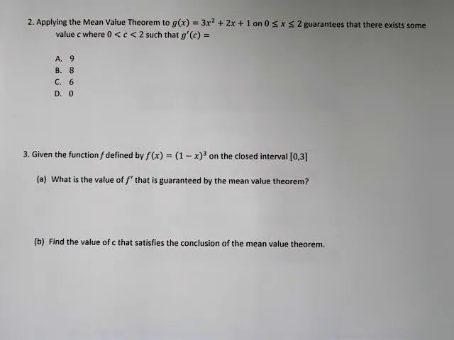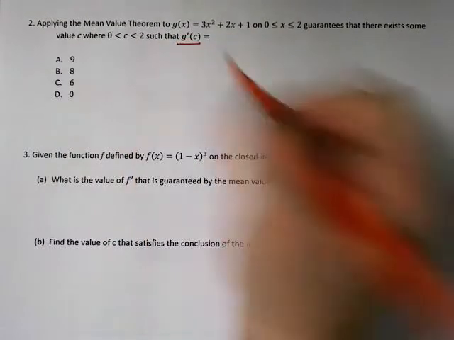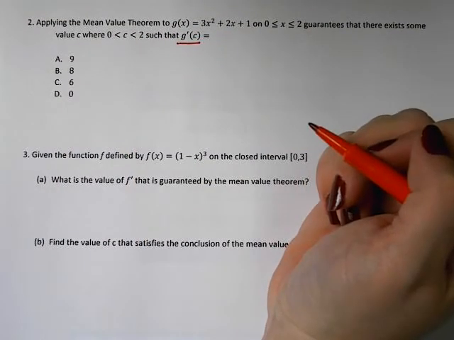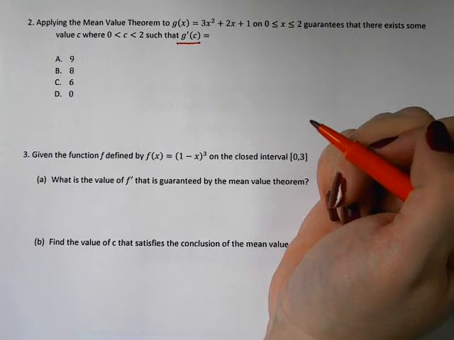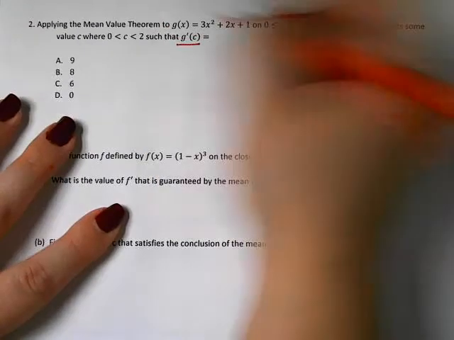We need to be able to understand what this actually means. They're asking what g prime of c actually is, which means we're looking at what's the guaranteed slope. What slope can we promise here?